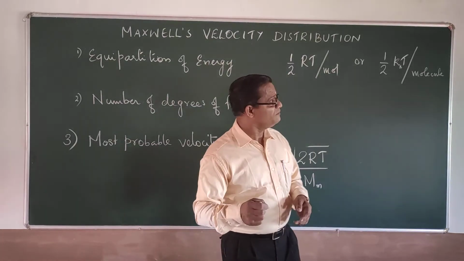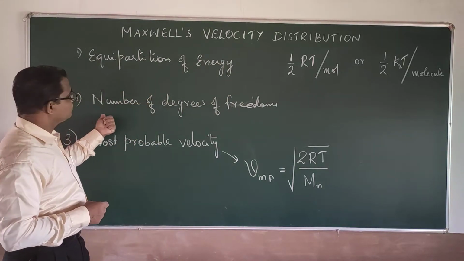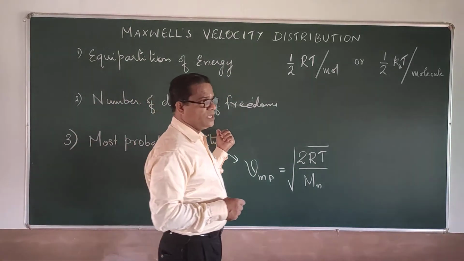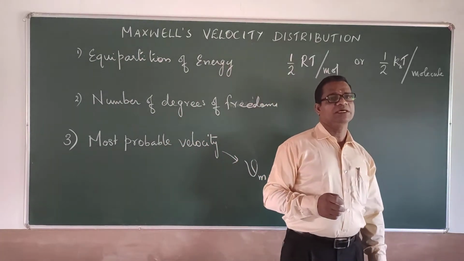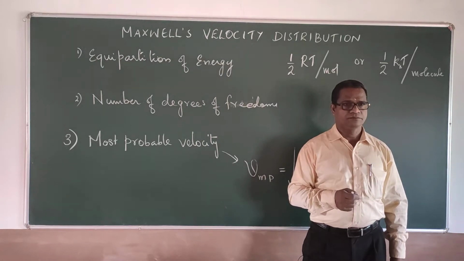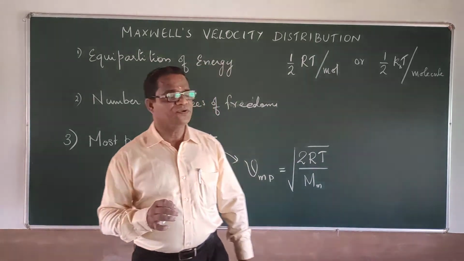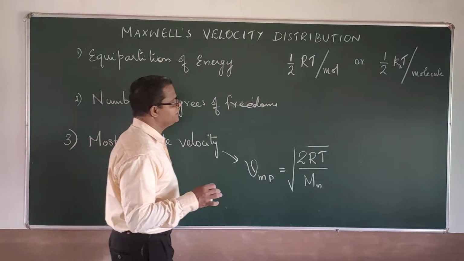While we are defining equipartition of energy and the number of degrees of freedom, it is actually to calculate the adiabatic constant of the gas. Now, to find the number of degrees of freedom, we can have a formula here.